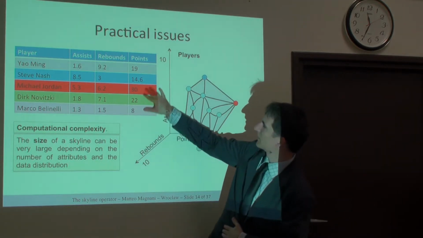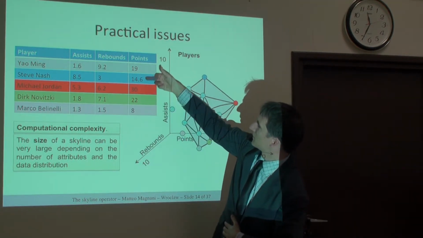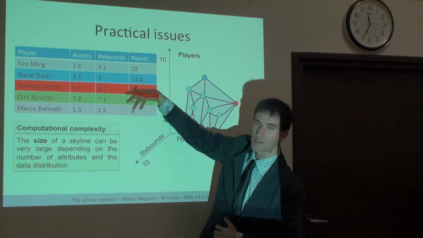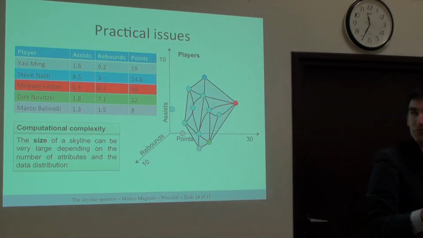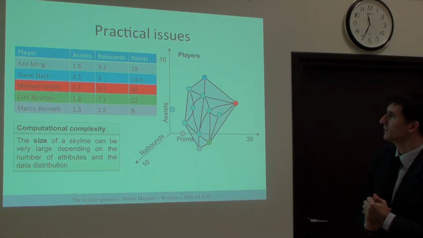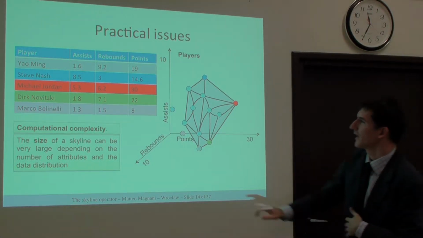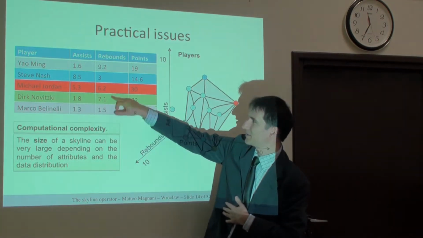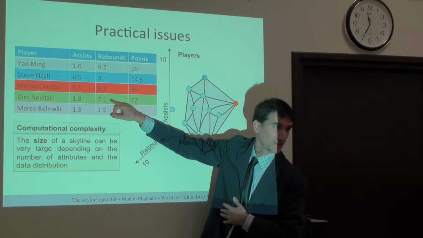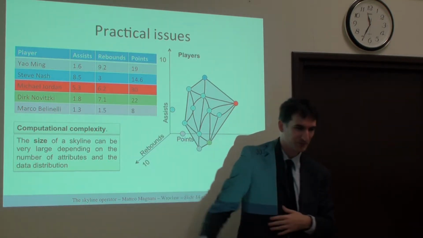We start having many other records, in particular, all these might be in the skyline because everyone is not worse than the other according to some specific parameter. So you can see that now this guy that before we had excluded because of Michael Jordan, well, it takes on average more rebounds, so it could also be a good option and so on.